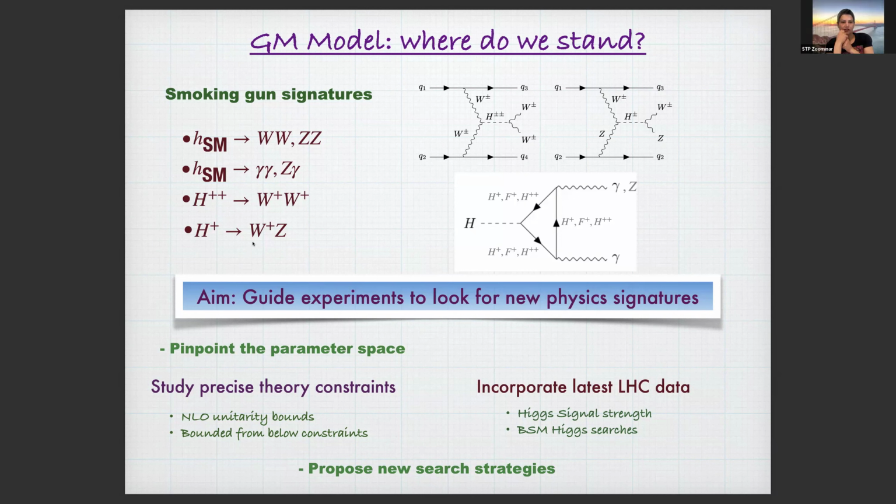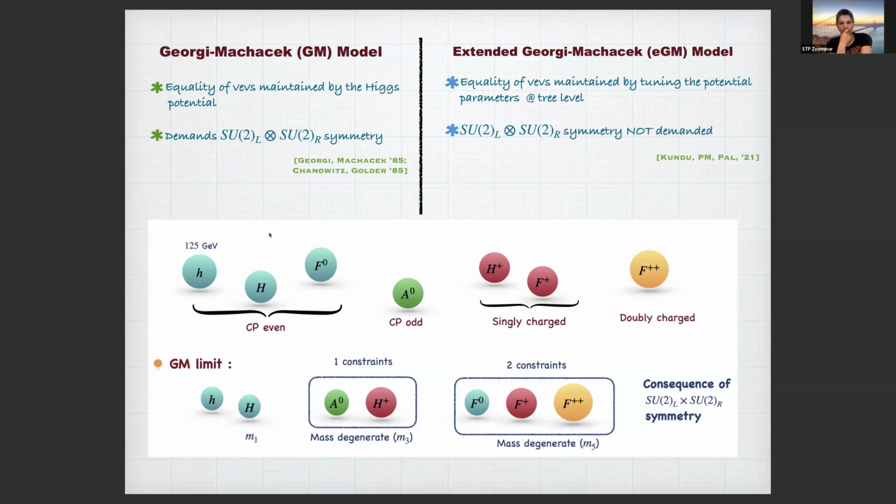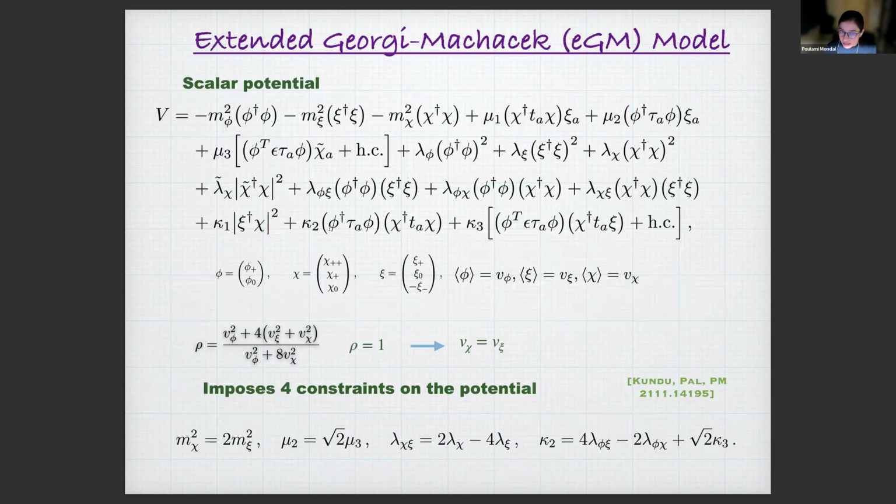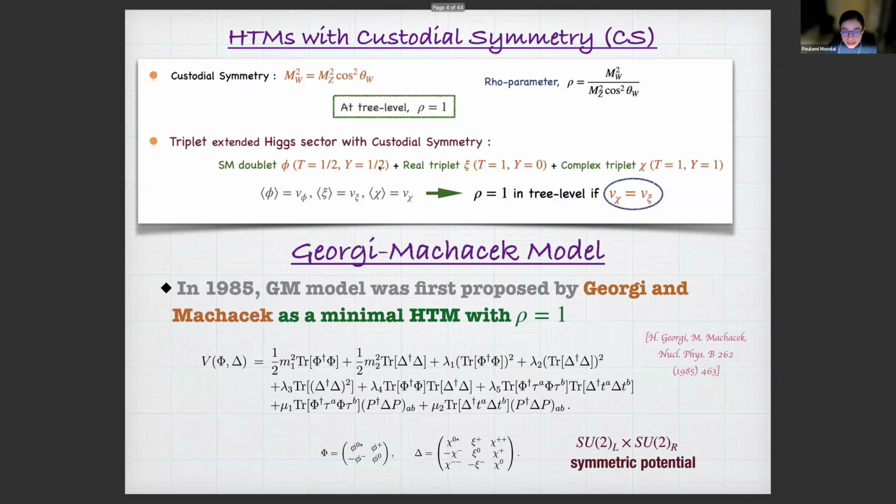Yeah, I see. You're probably going to talk about it, but do you mind going back to the potential? I want to see if CP violation is allowed. CP violation is allowed in the extended Georgi-Machacek model because you can have a CP violating phase. But in the Georgi-Machacek model, it turns out that the vacuum structure, where you give a vev to the neutral components of the field, is the only feasible vacuum structure.